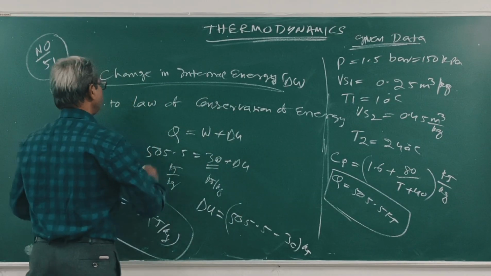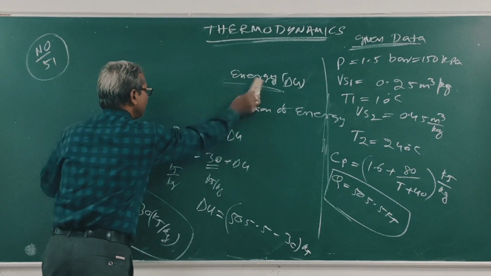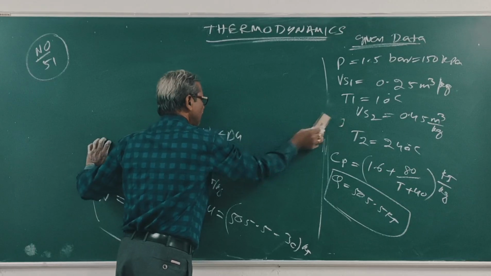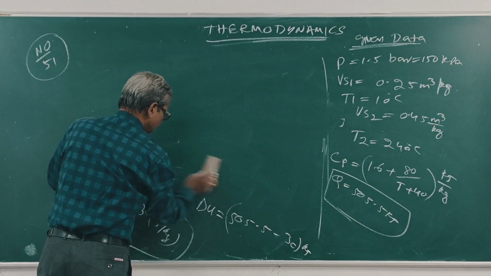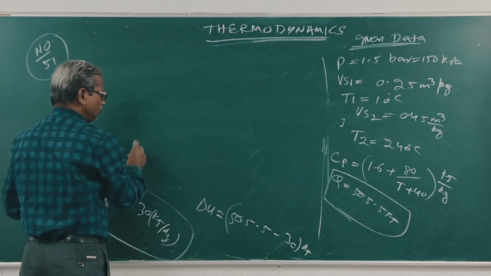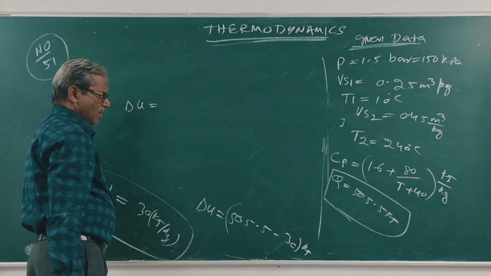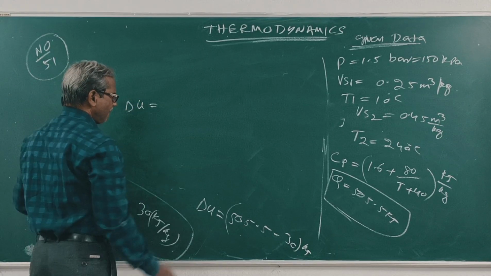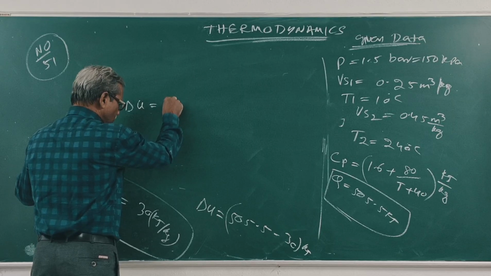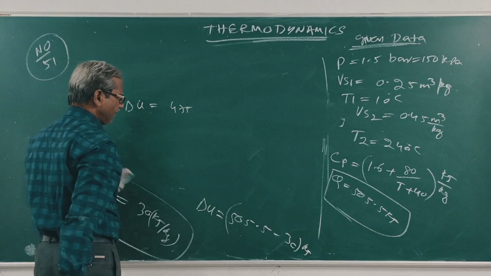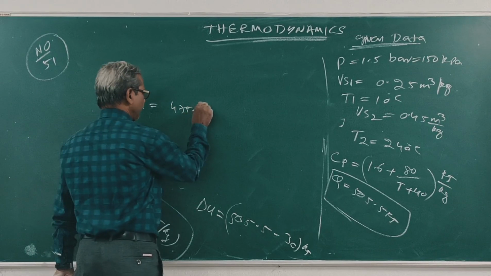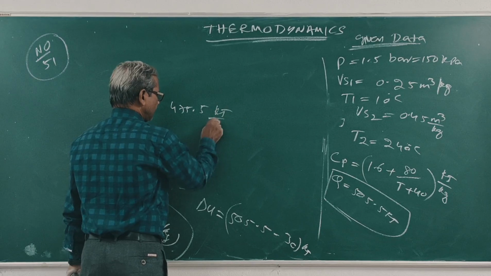Right? So this del U is equal to 475.5 kilojoule per kg.